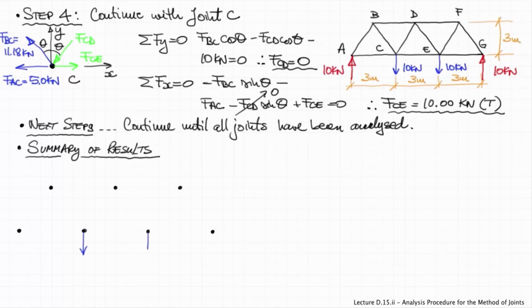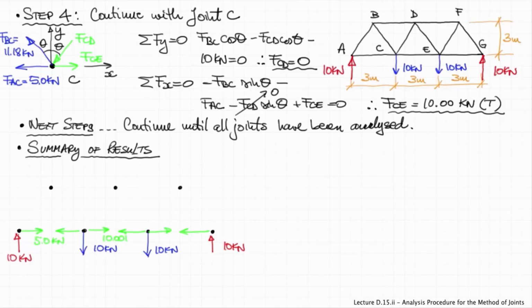So what we must do is draw a schematic of the joints of the truss, as you can see here, show the external forces acting on the truss, so the applied forces as well as the reaction forces acting on the truss. And then we draw the member forces that we've calculated.